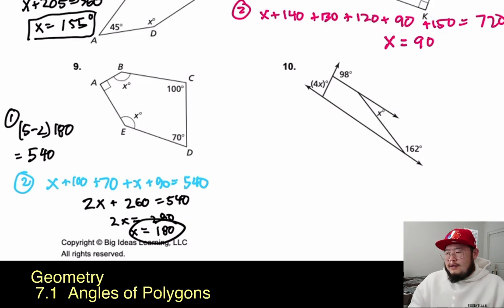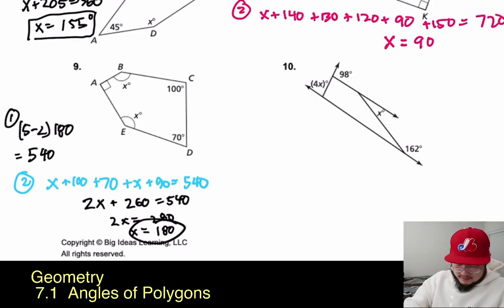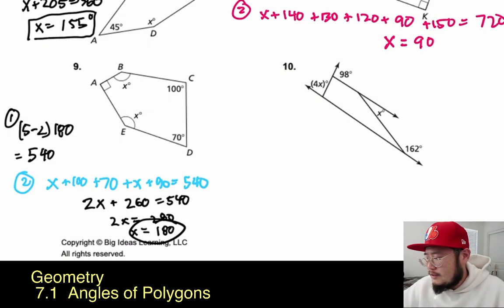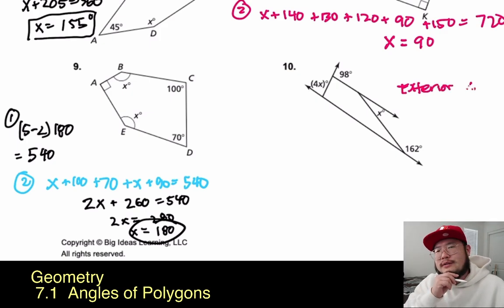And finally, number 10. This one's a little bit different because, look, these are the exterior angles, not the interior this time. We have exterior angles here. So what do we know about exterior angles? They equal 360.